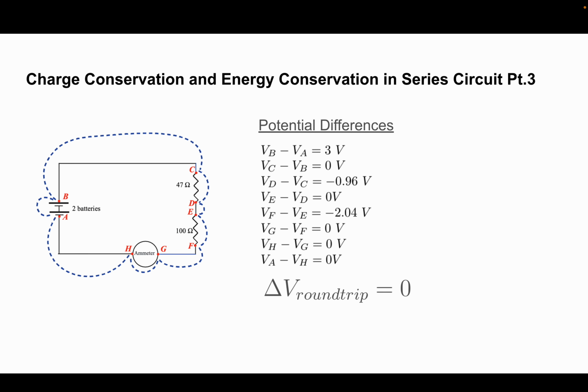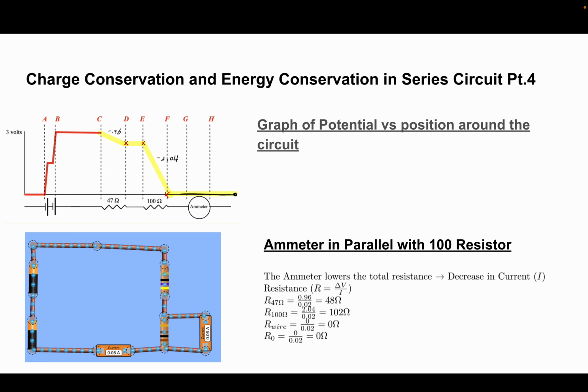So these are my potential differences from A to B up to H, and we can tell also using the loop rule that the change in potential for a round trip is equal to 0. And this is the graph of potential versus position around the circuit. And we can see from E to F a steep slope, meaning there's a big change in potential, also meaning a large electric field.